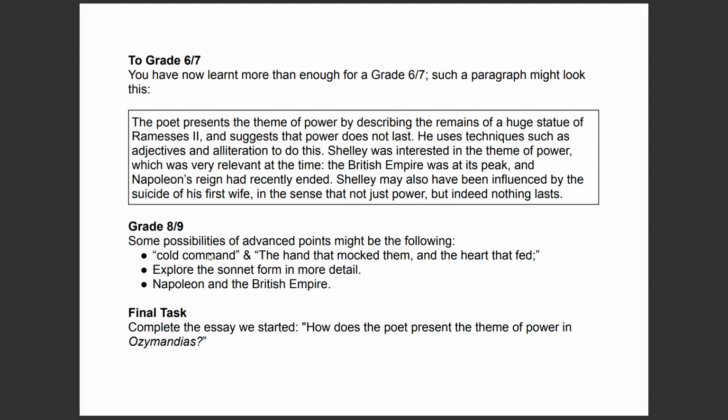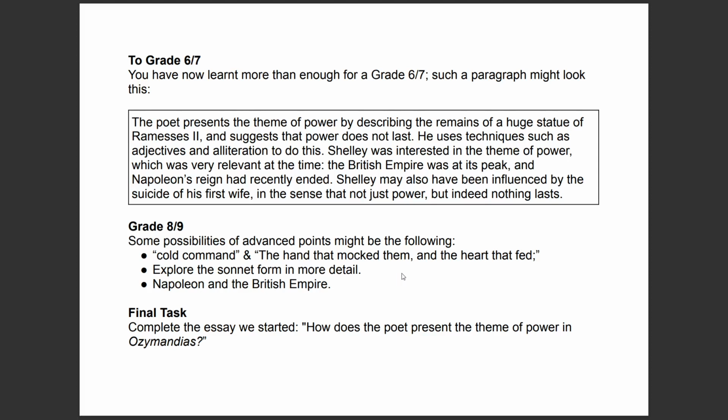So, cold command, there's alliteration, but what are you going to say about it? You might say how the k sound is a very sneering sound. Yes. So the alliteration matches the sneering personality of the pharaoh. And this line here, if you can discuss the alternative interpretations and possibly give your view or maybe something completely different, that would definitely be grade 8, 9 material.